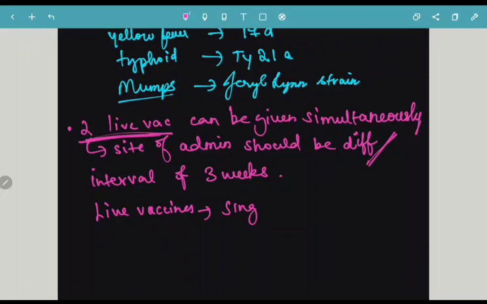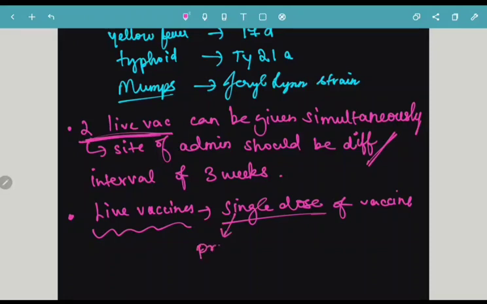Generally in live vaccines a single dose of vaccine is enough. Okay, it is sufficient to produce the protection. So in live vaccine, protection is generally achieved even with a single dose of vaccine.